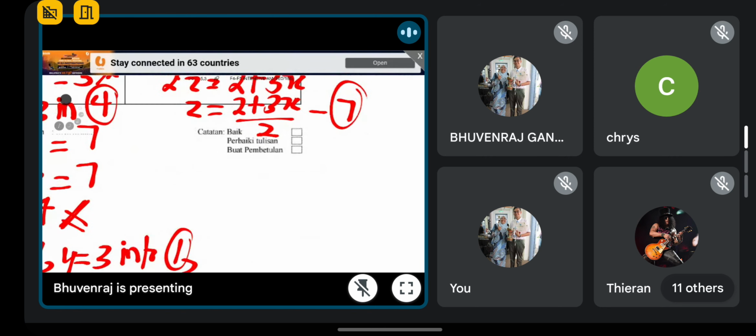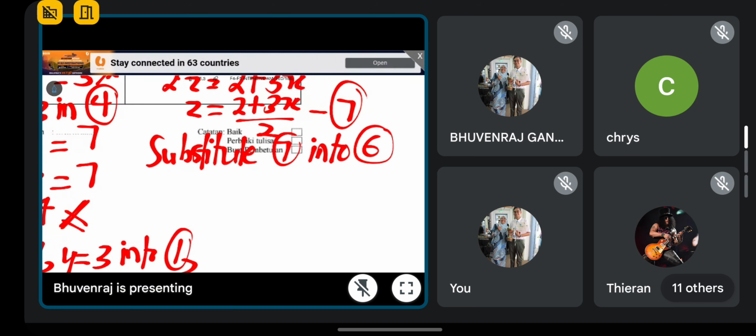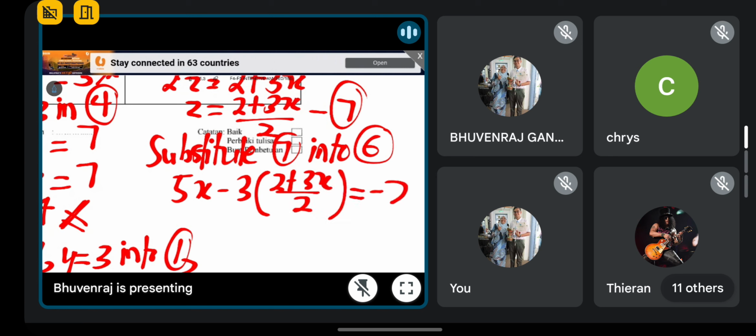And then you will do substitute 7 into 6. Gantikan yang ke-7 dalam ke-6. Okay, so then you will get 5x minus 3 times of 2 plus 3x over 2 equals to negative 2.